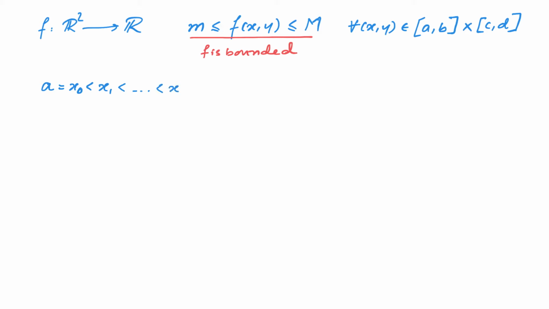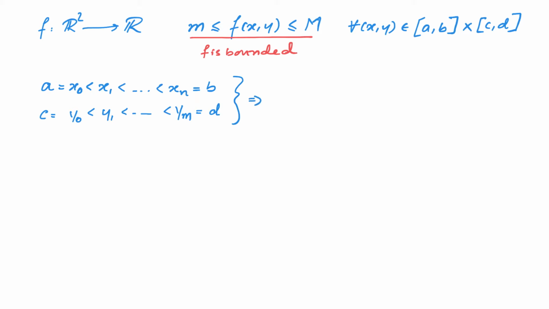And we are going to define integration only for such functions. As we saw in the last video, the first step is to subdivide this rectangle into smaller pieces. This was called a partition of the rectangle. To do this, we will first partition the intervals [a,b] and [c,d]. Given a partition of the interval [a,b] and the interval [c,d], we can obtain a partition of the rectangle [a,b] × [c,d].